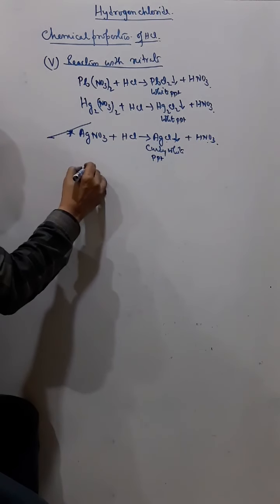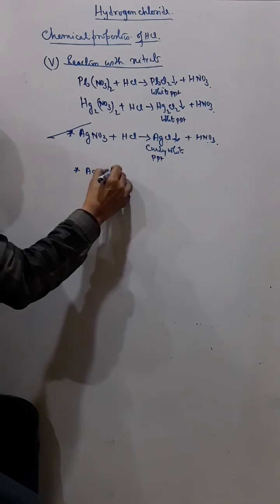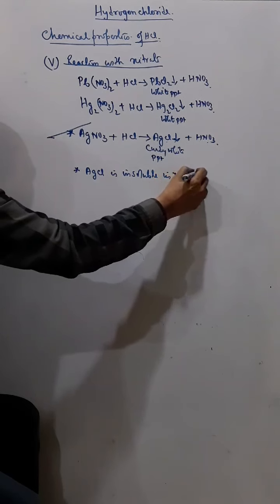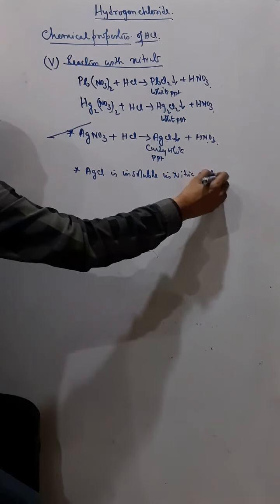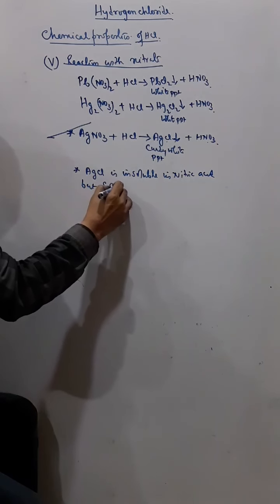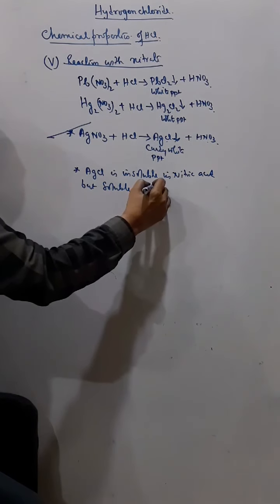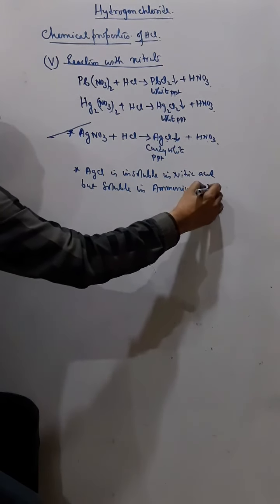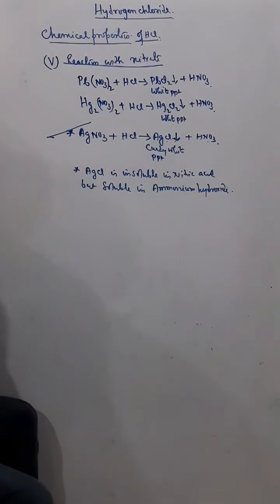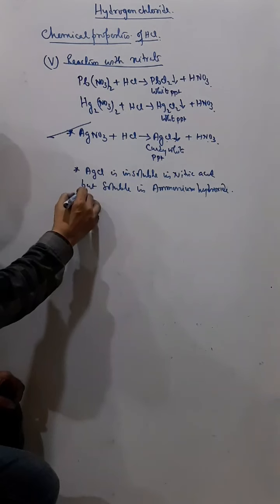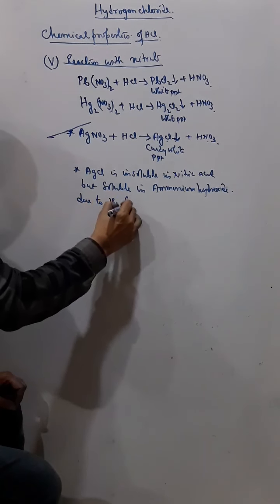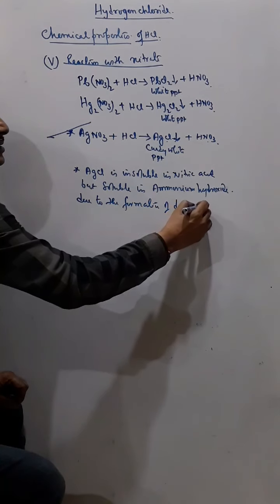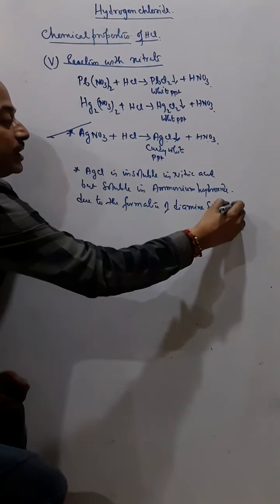So that means this silver chloride is insoluble in nitric acid, but it is soluble in ammonium hydroxide due to the formation of diamine silver 1 chloride.